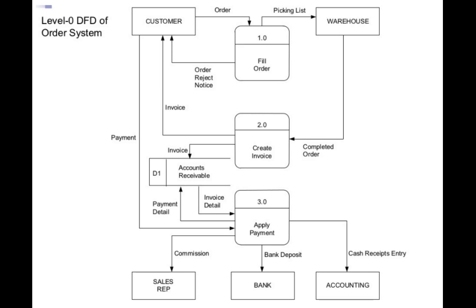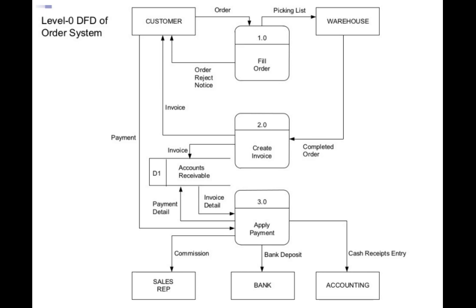In the context diagram, we do not describe the database, but in level 0 DFD, the database will be described, the important processes, the major modules of the system will be described, and the data flow with more details can be described.